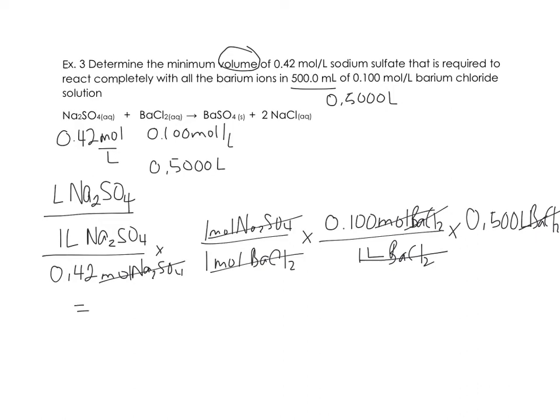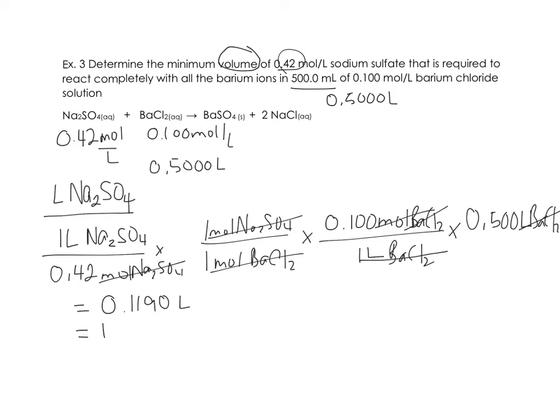So this is going to be equal to 0.1190 liters. We can only have 2 significant digits in our final answer because of the concentration of sodium sulfate, and might as well convert this to milliliters.